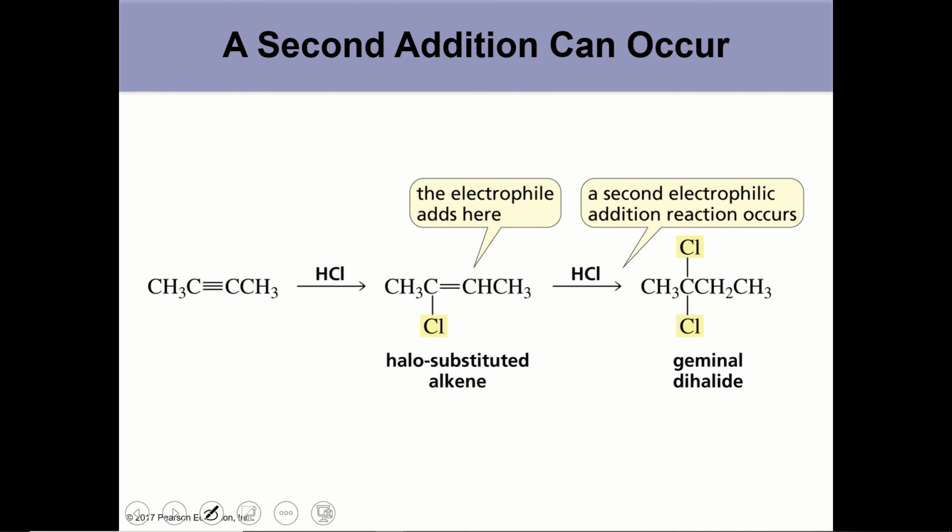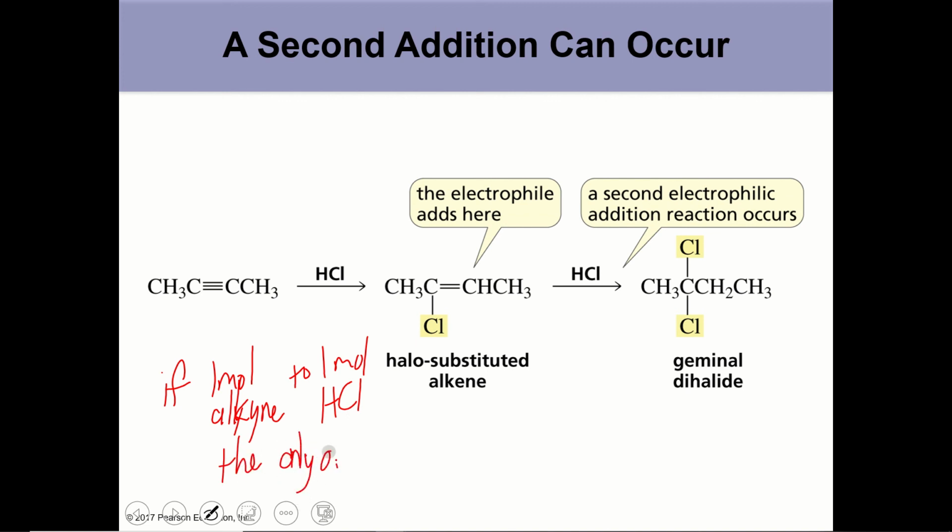And what this does is that if we have a 1-to-1 ratio, so if 1 mole alkyne to 1 mole HCl, then only one Cl is added.